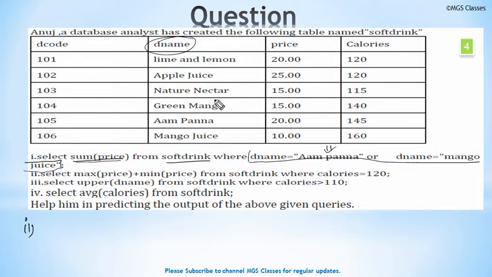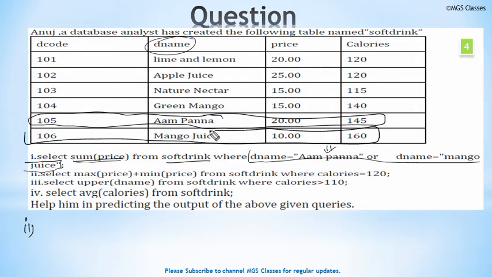Wherever the name of the drink is Aam Panna, so in this row the drink name is Aam Panna, so it will come in the output, and D name mango juice, so mango juice is also there. So these two rows will only be considered for calculating the sum of price.